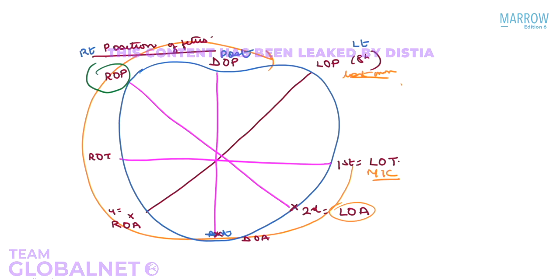Now, till the time baby is lying in any of these positions, occiput is either occupying first, second, third, fourth, fifth, 6th, 7th, 8th. Mark all these positions from 1 to 8, right?